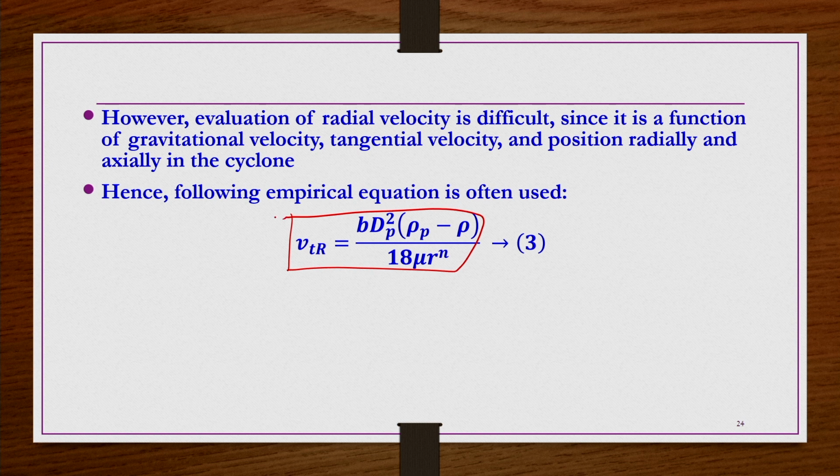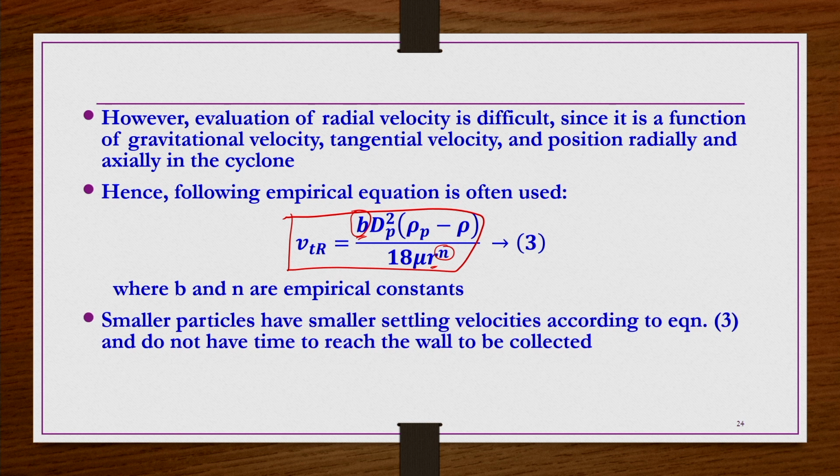This is an empirical equation, not a derivation. Vtr is equal to B dp square (rho p minus rho) by 18 mu times r power n. Whatever r omega square was there, and the r here, they are modified in such a way that they are written in terms of empirical constants. Okay. So, this n and B are nothing but empirical constants.